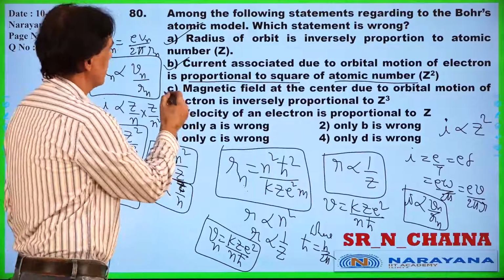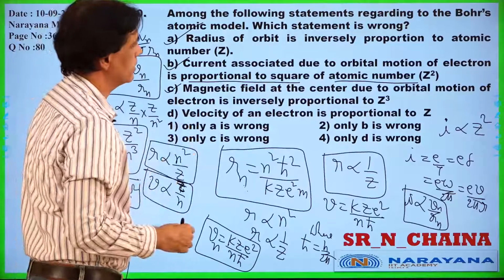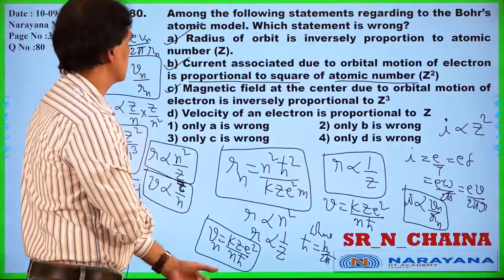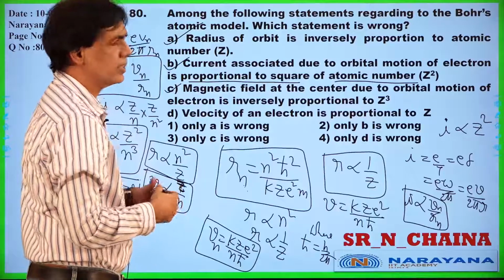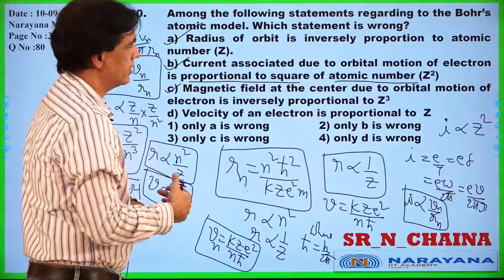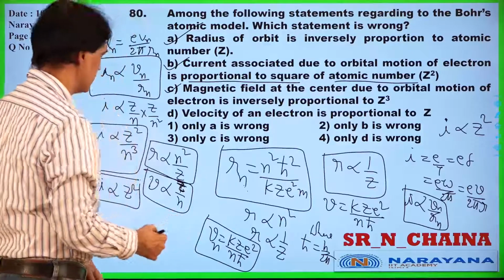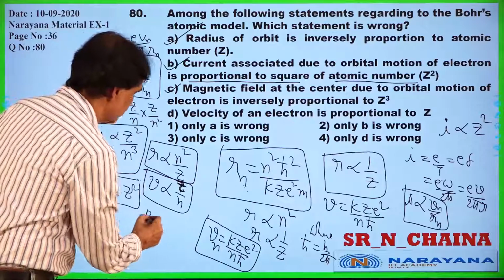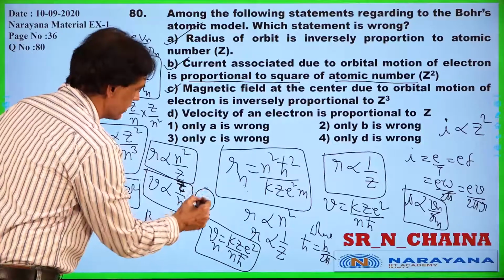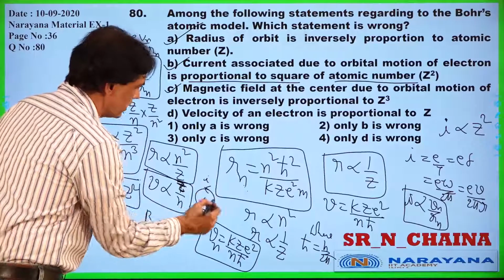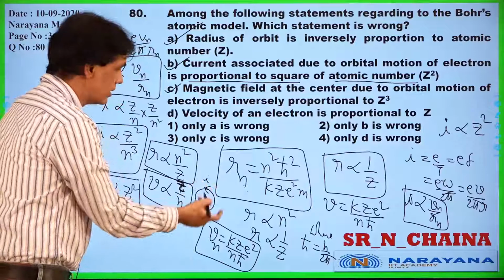Then, third option: magnetic field at the center due to orbital motion of electron is inversely proportional to Z cube. Magnetic field is represented by B, and at the center of a circular orbit, like a current-carrying loop, when the electron is revolving it's like a current loop.